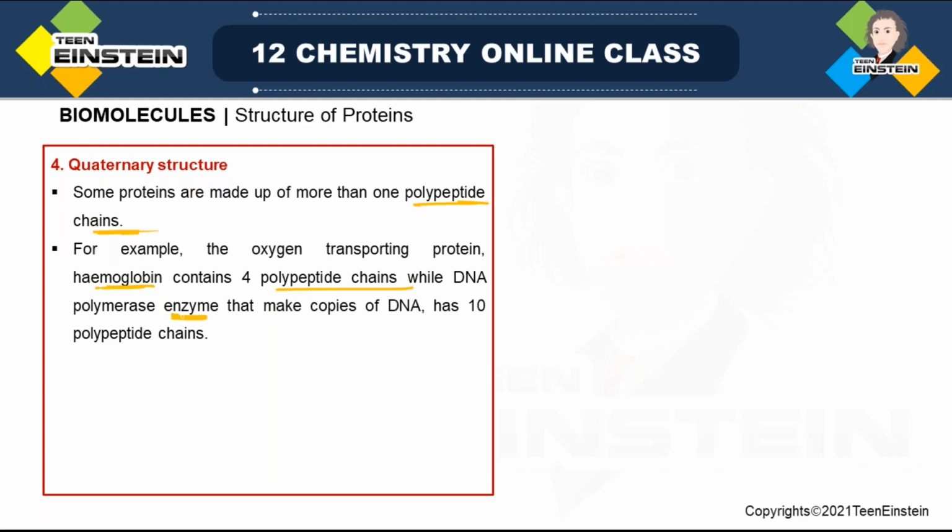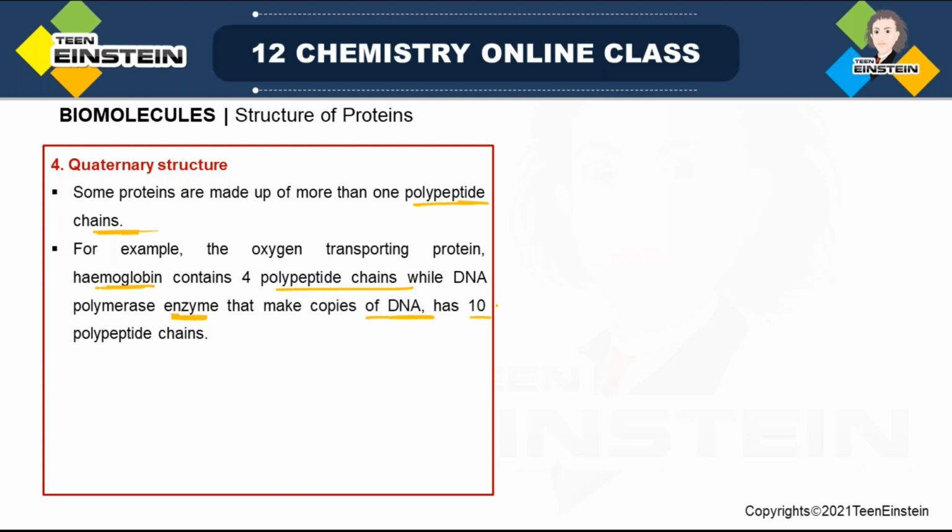It is nothing but a biological catalyst. Detailed discussion we will do separately. DNA polymerase enzyme, just remember, is also a type of protein, and its function is to make copies of DNA. In this case, a total of 10 polypeptide chains are present. So see, it is even more complex.